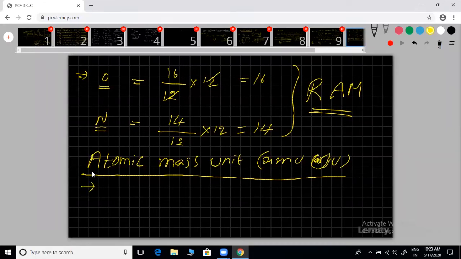Try to note down the definition. The standard weight which is 1/12th part by weight of one atom of C12 isotope is known as the atomic mass unit. Simply we call it AMU.